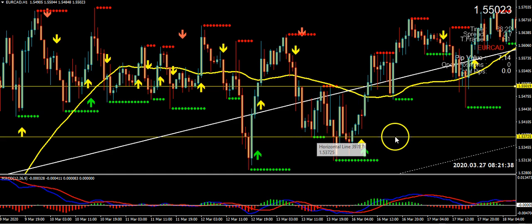So the distance between the two lines, you can clearly see you have movement. Price has space to move in and out, in and out. And the probability of price making such a large move from your entry down to here is less.